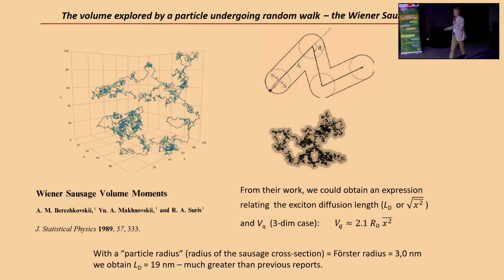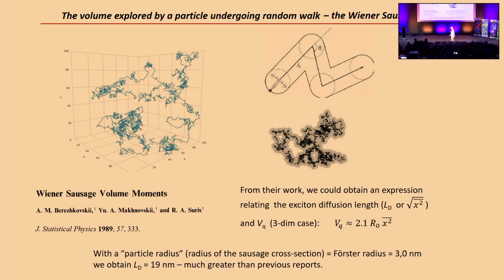It means that we get an exciton diffusion length of 90 nanometers, which is about 1.5 to 2 times longer than reported in previous studies. We still have to remember that it's limited by the size of our polymer dots; if they were larger, the volumes may be larger, and maybe the real exciton diffusion length is even longer.